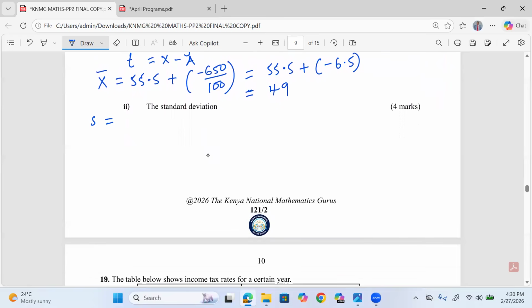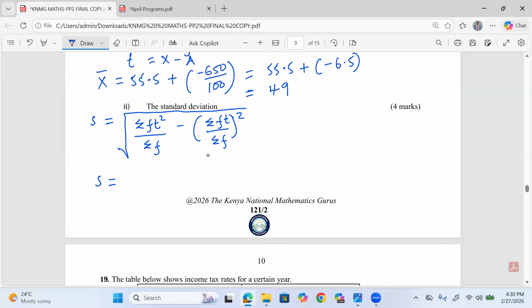So the variance is usually given by summation of ft squared out of the summation of f, and we subtract summation of ft out of summation of f, this part also squared, then we take the square root of everything. So that is the formula of variance, we take square root.